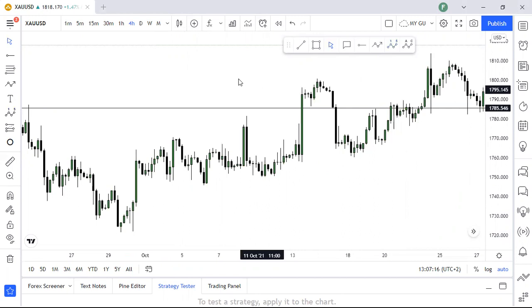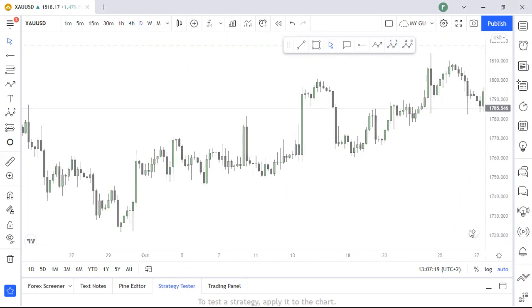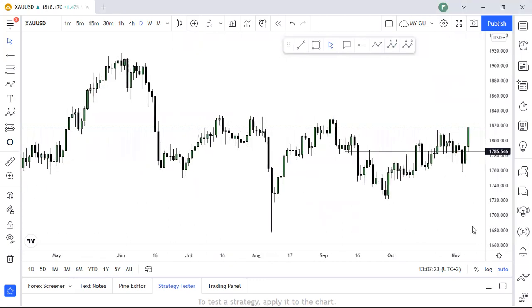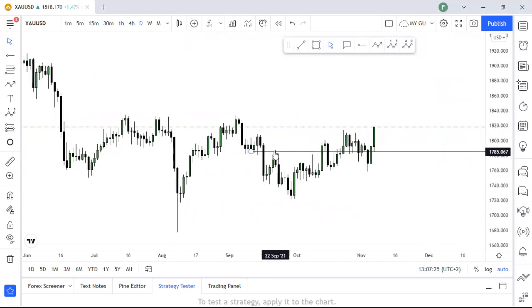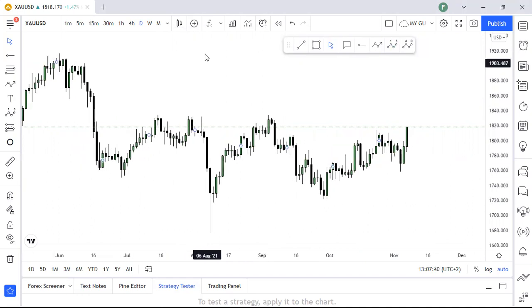Let's try playing on the daily time frame. If we look at the daily time frame, we could actually say this could be an impulse, right? 2, 3, okay, right?